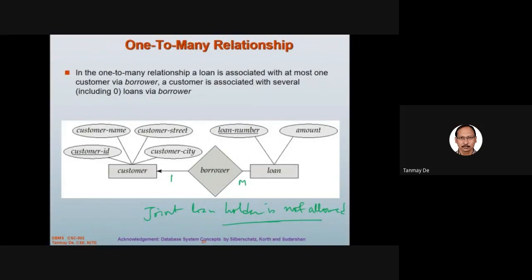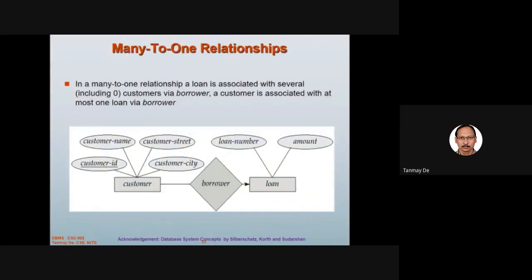Is there any confusion? Is it okay? Now the next one is many to one. For many to one, we again consider the customer and loan entity sets associated with the relationship borrower. This side is the many, this side is the one. This signifies that a loan is associated with several customers, maybe including zero, via the borrower relationship, and a customer is associated with at most one loan.